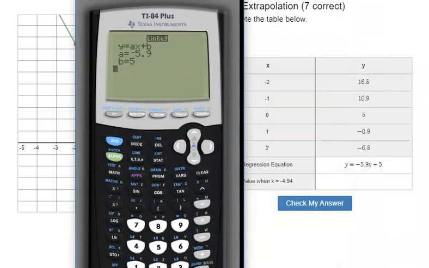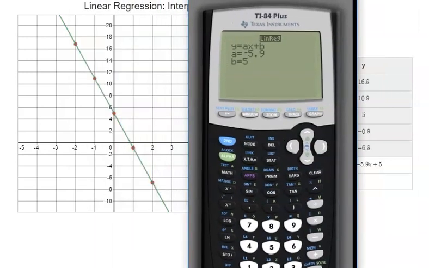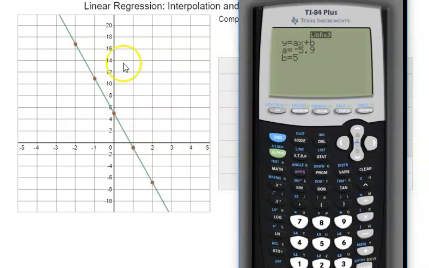I'm asked to make a prediction about the y value when x is equal to negative 4.94. So that would be when x is about negative 5. As we look up here, we can see that this would continue up past where our graph stops at the top, but we would expect this value at negative 5 to be somewhere around 40. It should be pretty high up there.